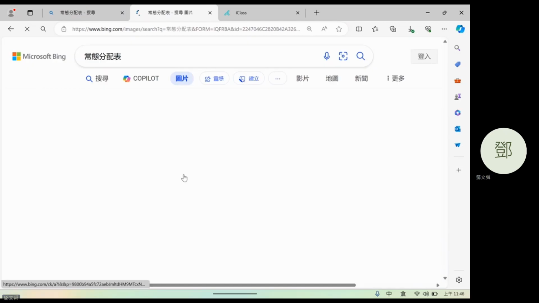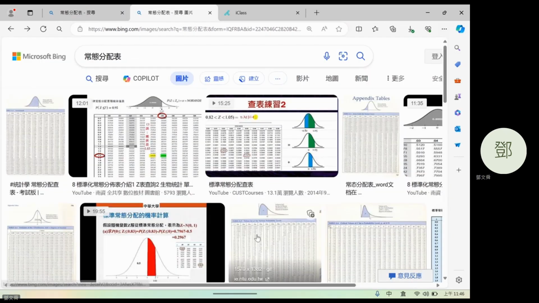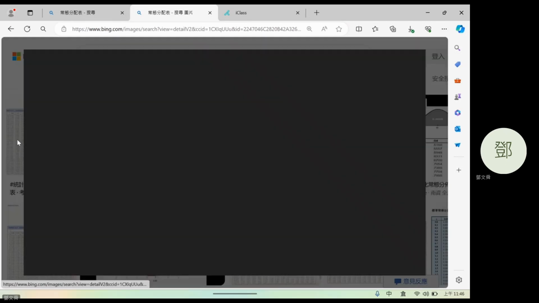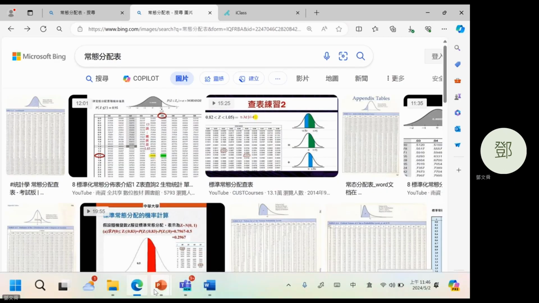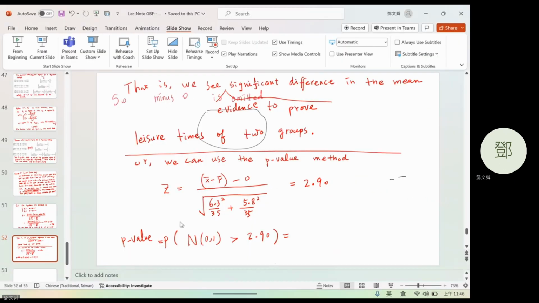Here, 2.9: 0.0019, which is much smaller than 0.05.